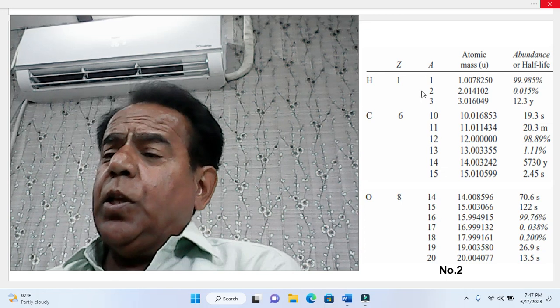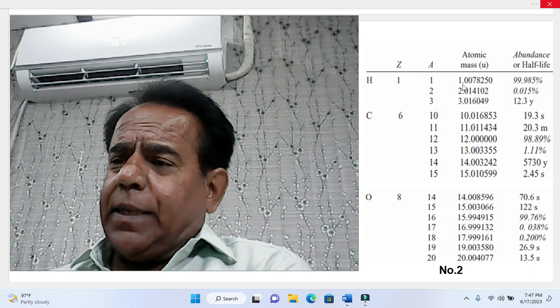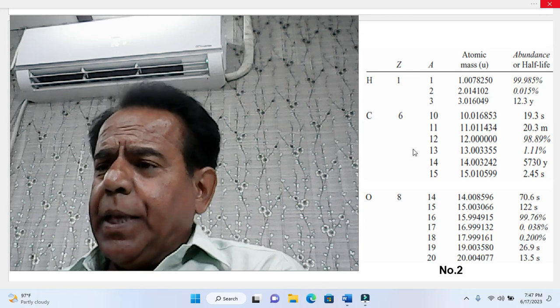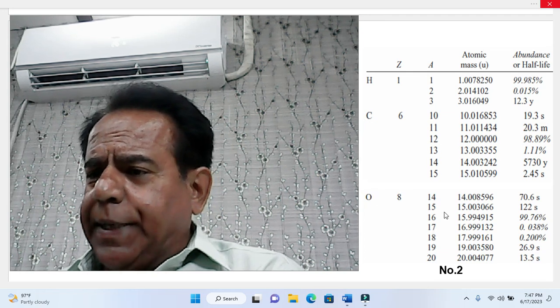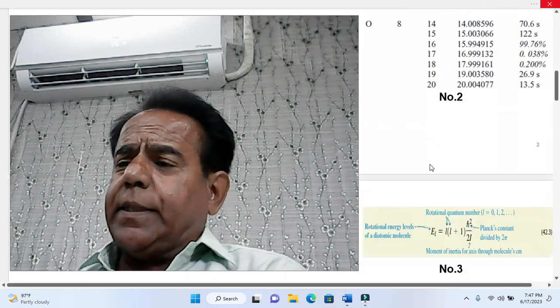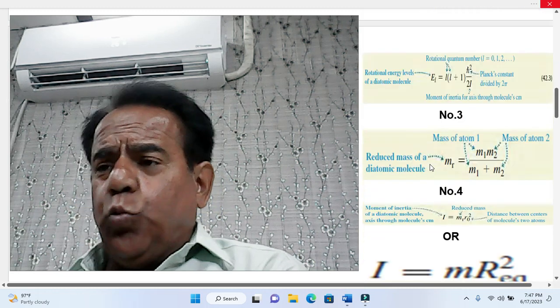So dear students, from this table we can conclude that for carbon we will take the value 12, while for oxygen we will take the value 16. Now we move to next helping tool. Second helping tool number 2.